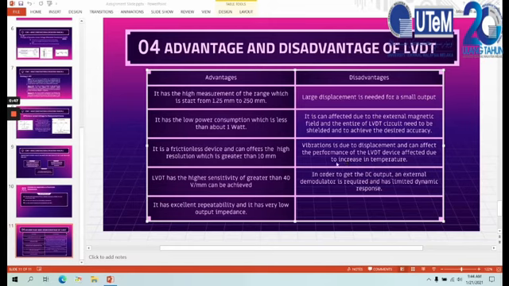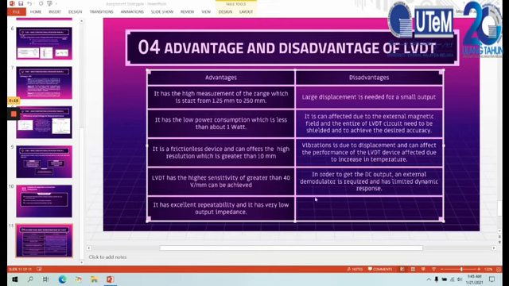From this sentence, vibration is bad for the LVDT because it can affect the performance of the LVDT device due to the increase in temperature. If the temperature increases because of the vibration, it can affect the performance of the LVDT device.